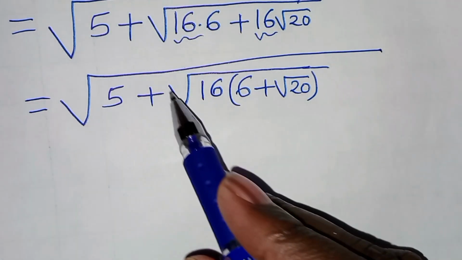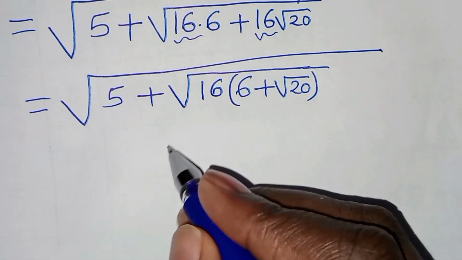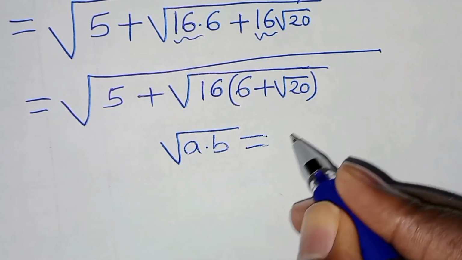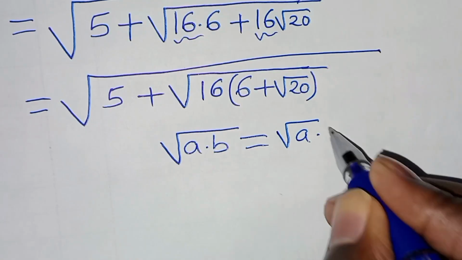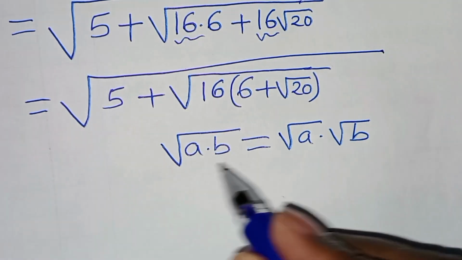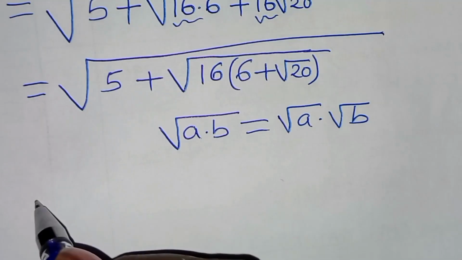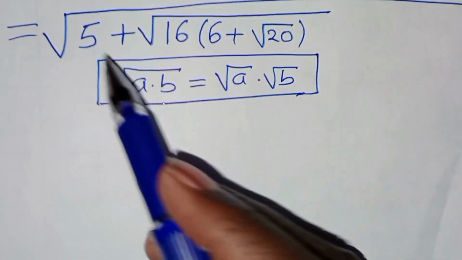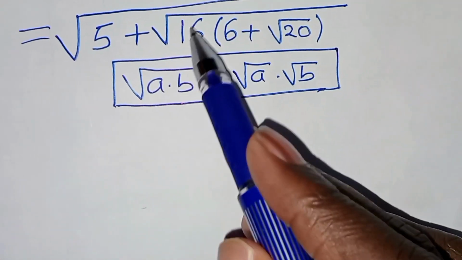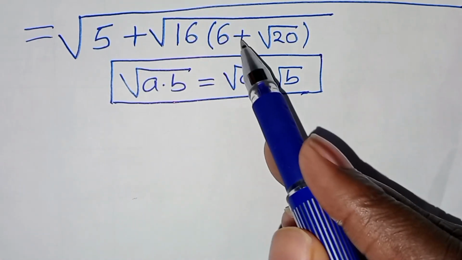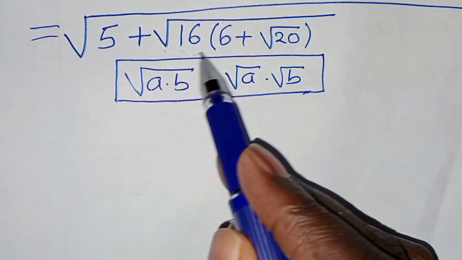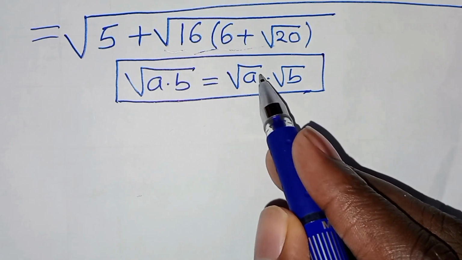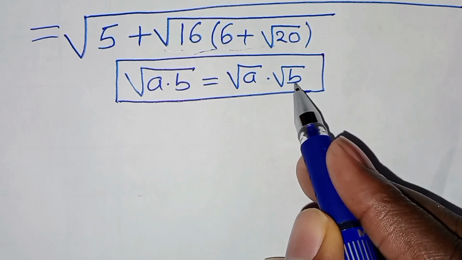Now, from this square root that we have here, this is in the form of square root of a times b, which we can express as square root of a times square root of b. Applying this property, then here we have the square root of 5 plus square root of 16 into the parentheses, 6 plus square root of 20. This part is in the form of square root of a times b, which you can express as square root of a times square root of b.